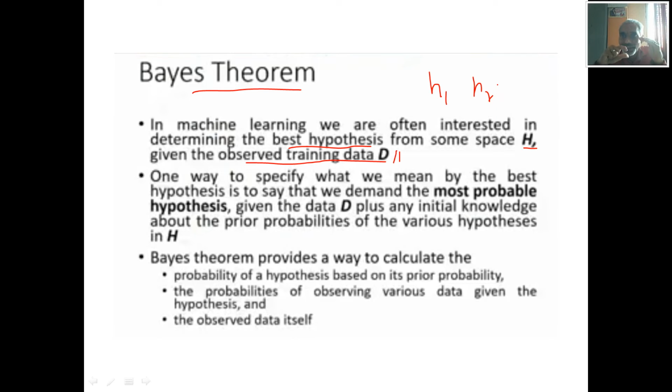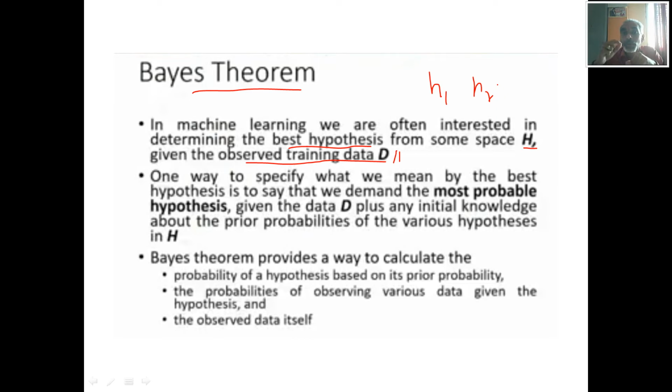If I am not training properly, my students cannot pass the examination, they cannot win that competition. To make them win, I should give proper training, or the students have to learn properly. So the observed training data is very important.